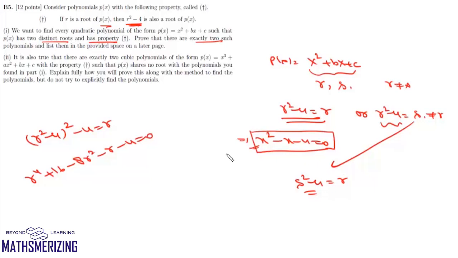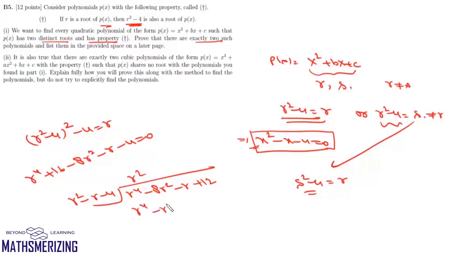Now one of the solutions of this biquadratic must be r square minus r minus 4. So what we'll do is, using long division, we'll divide this polynomial r to the power 4 minus 8r square minus r plus 12 by r square minus r minus 4. So we'll get r square, it'll be r to the power 4 minus r cube minus 4r square.